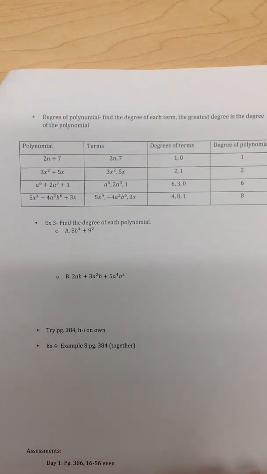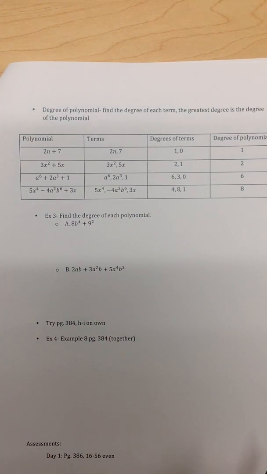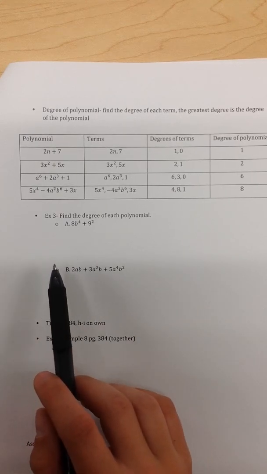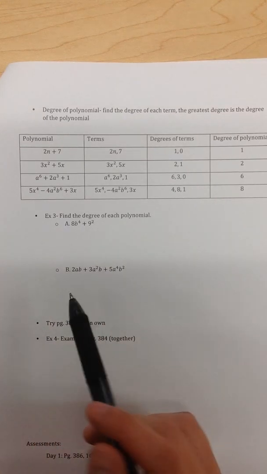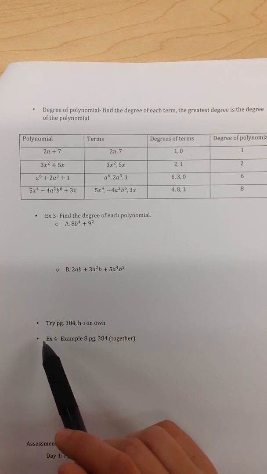Okay, the next thing here is degree of a polynomial. So basically we're going to use what we just did with the monomials to figure out the polynomials. So it says find the degree of each term, which would be the monomials, and then the greatest degree is the degree of the whole thing. Okay, so here we've got some examples. We've got the polynomial, or a binomial in this case, 2n plus 7.